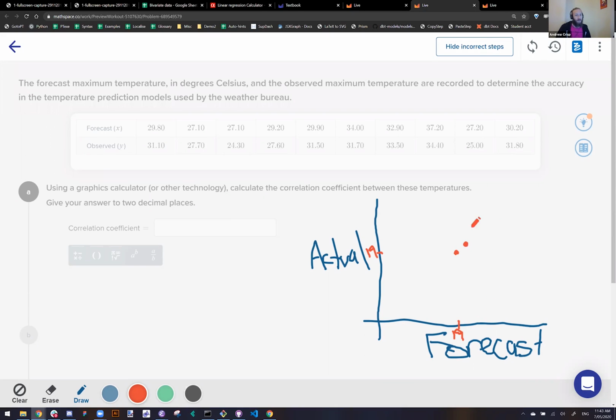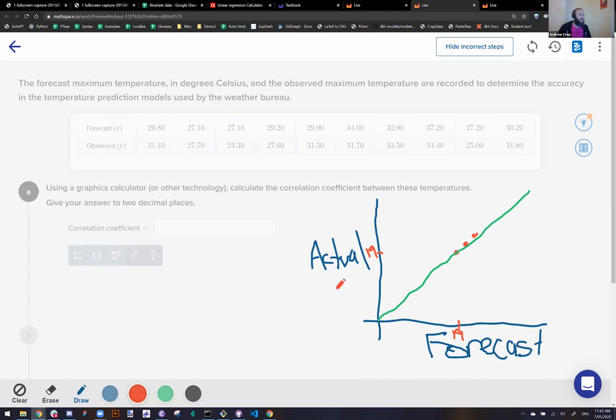If they forecast 21, the actual should be 21, and so on. And all in all, I end up with a line that is y equals x. Whatever the forecast, that's the actual. That would be the ideal situation if all of the predictions were accurate.